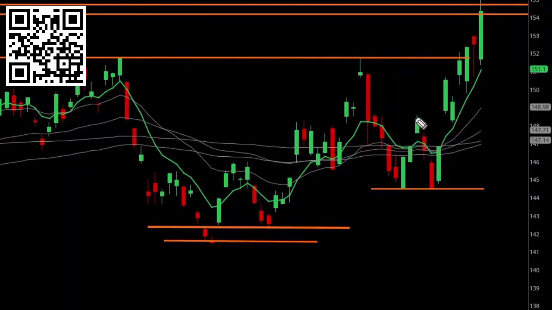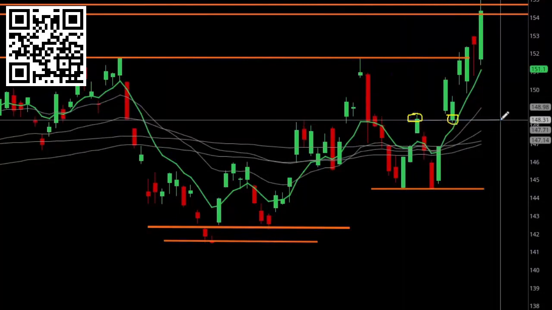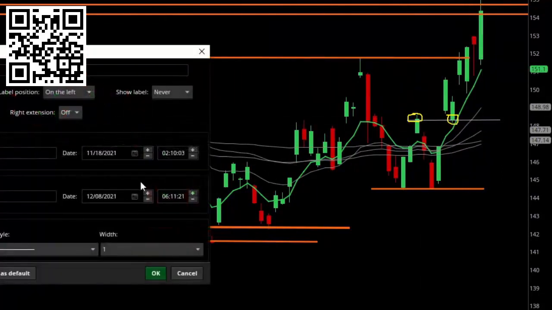We had here some sellers, we have here some buyers. So this was a resistance, the resistance was broken, retested the support and bounced back up. So this level here can be a very good, nice support in case it pulls back.